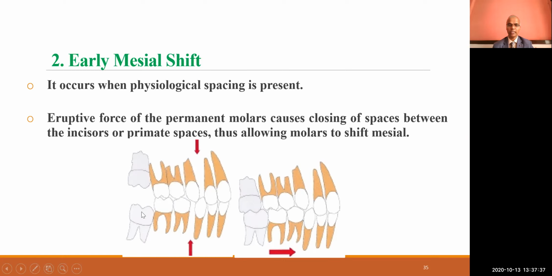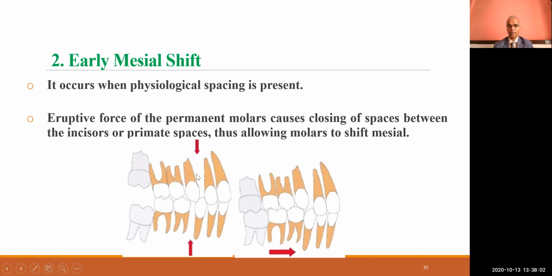It causes closing of spaces between the incisors or closing of the primate space, thus allowing the molar to shift in the mesial direction. So there occurs correction of the end-on molar relationship to the class 1 molar relationship.